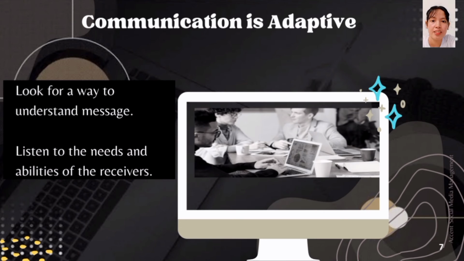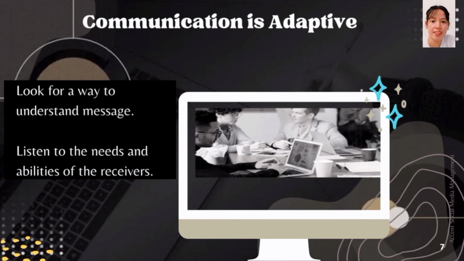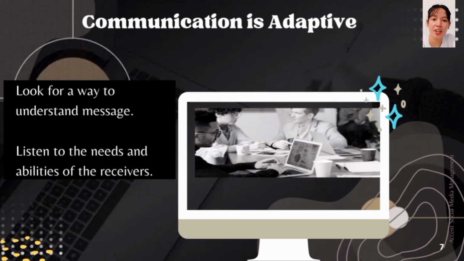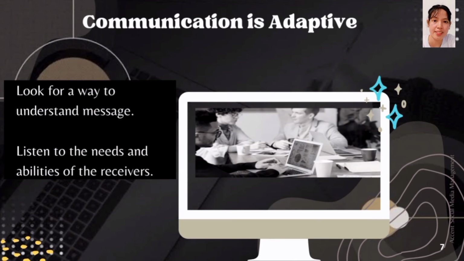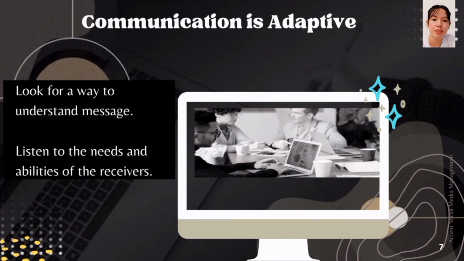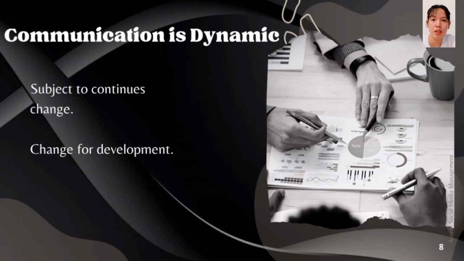Then they don't understand English as well. So, for their own sake, you have to speak Korean so that they will understand what you're saying. If you are not heard because you are speaking in English, turn to a language that is more open to the respondents. Then, the next one is communication is dynamic.